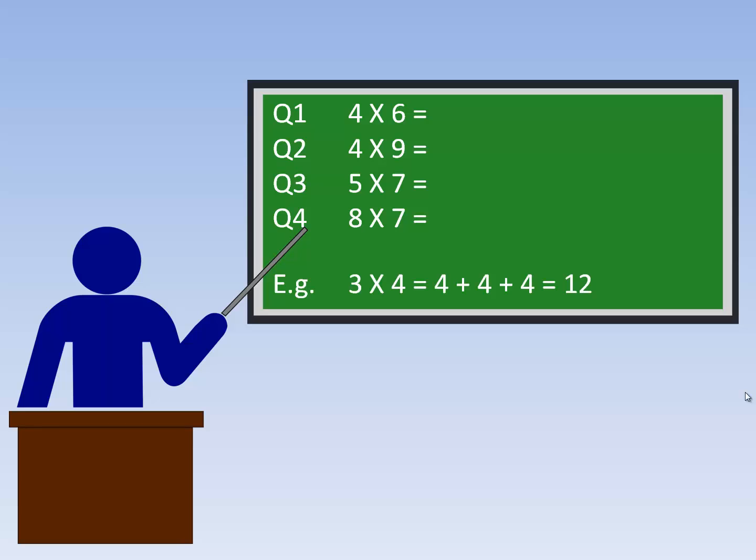And they give the example 3 times 4 is equal to 4 plus 4 plus 4, which is equal to 12. And the pupils stare blankly and don't seem to comprehend it. Rather than make up another example on the fly, the teacher says, "For instance, question 1 is 6 plus 6 plus 6 plus 6, which is equal to 24."